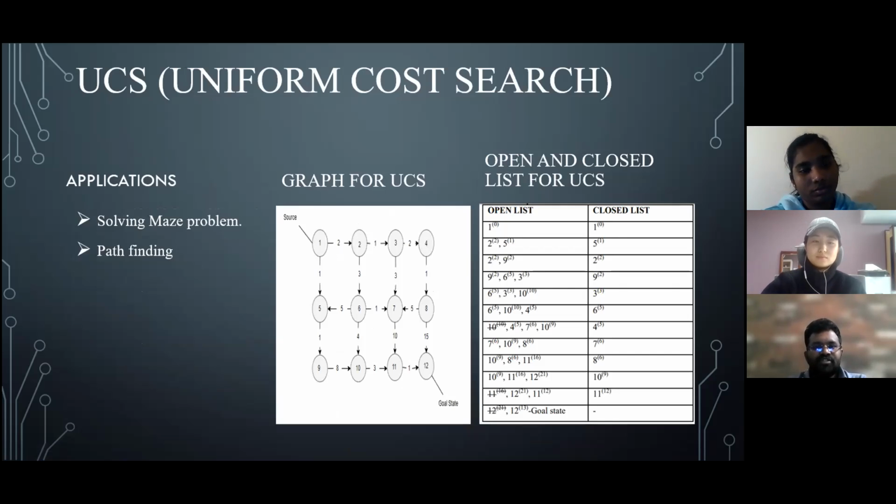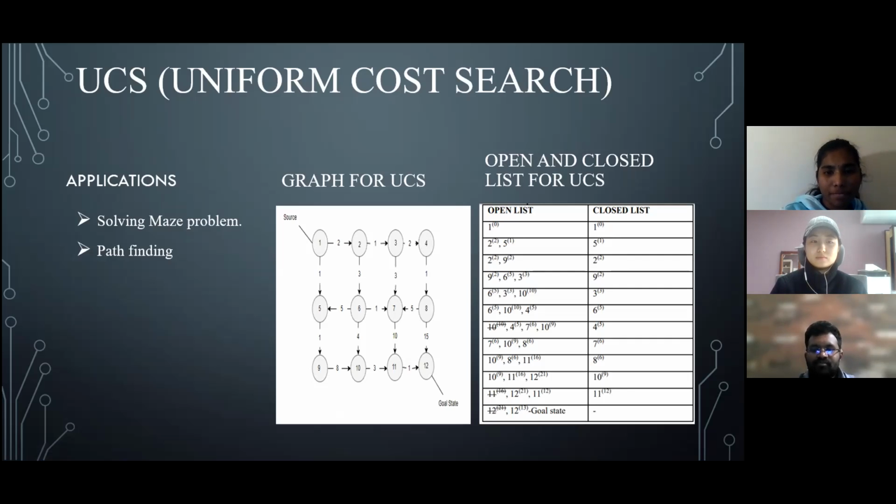And UCS, uniform cost search, finds the cheapest path, and a priority queue is used to implement it, considering the equation that calculates the cost of each node. The key equation is C(M) = C(N) + C(N,M). Here C(M) is the current node's cost, C(N) is the previous node's cost, and C(N,M) is the edge weight.